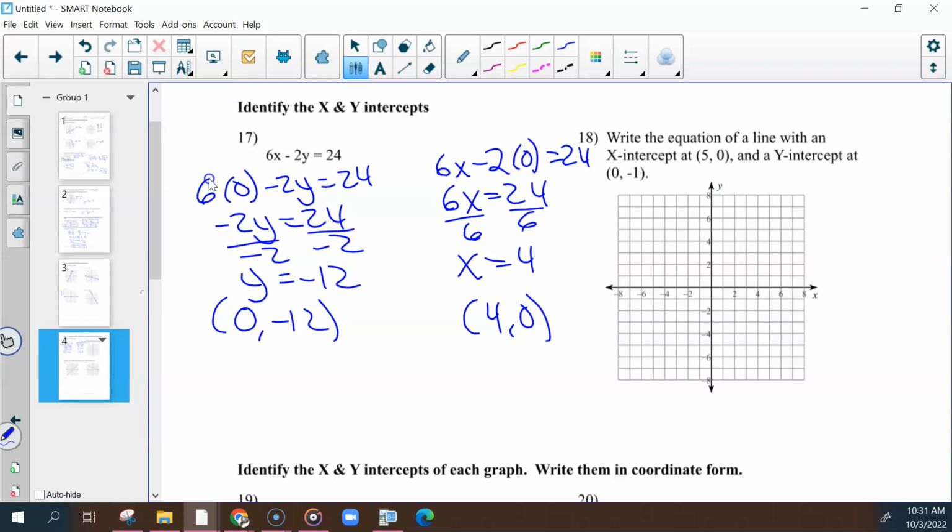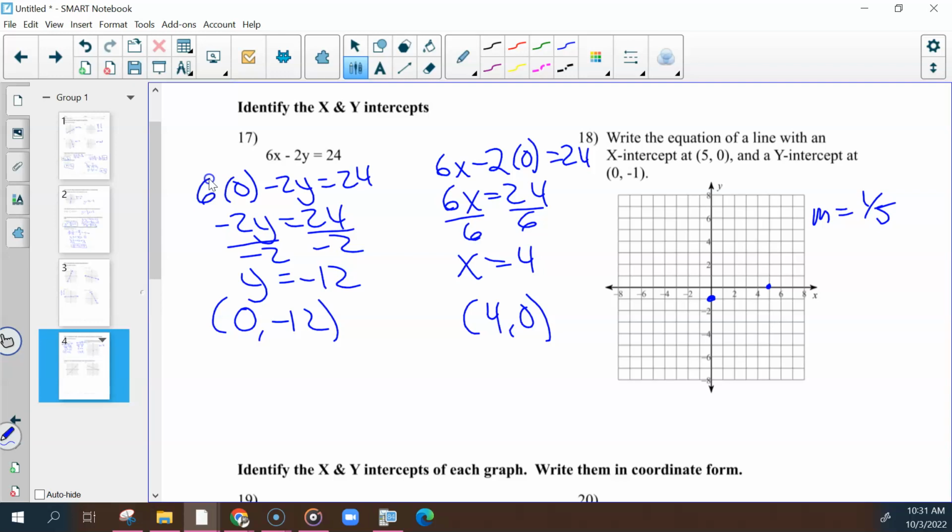For 18, you had to write the equation. 1 point was you showing me how you found your slope, whether you plotted these 2 points and counted, or you did the slope formula to actually find your slope, either of those, so that I know that's how you got your slope. And then write the equation.